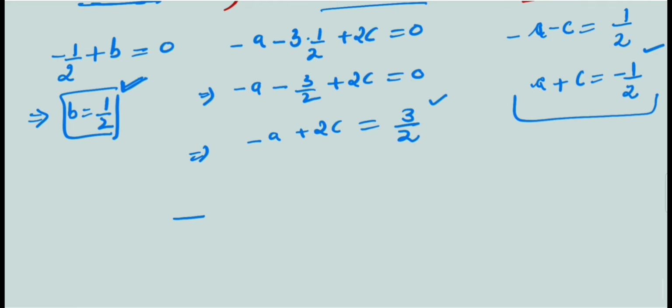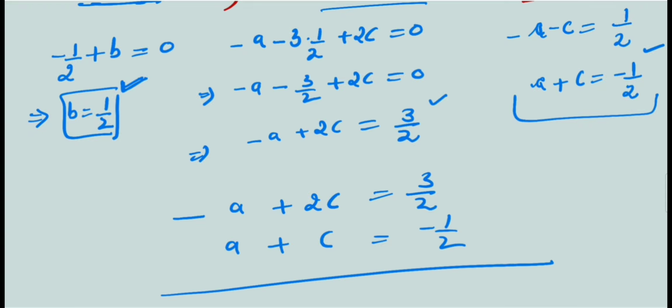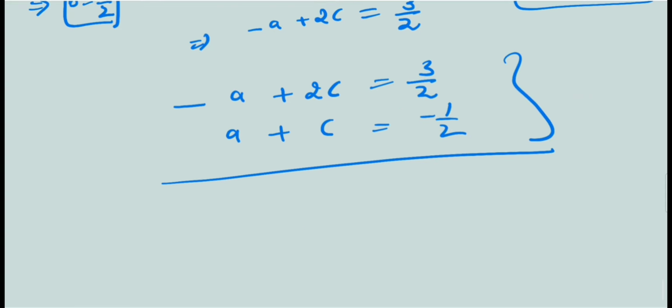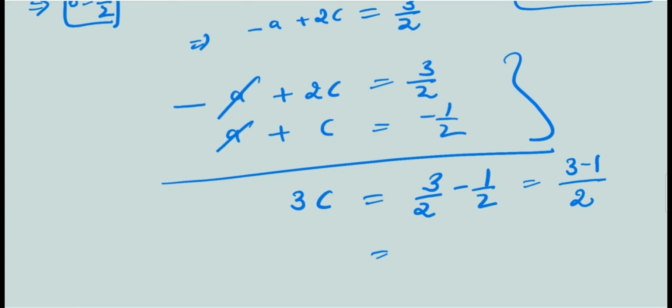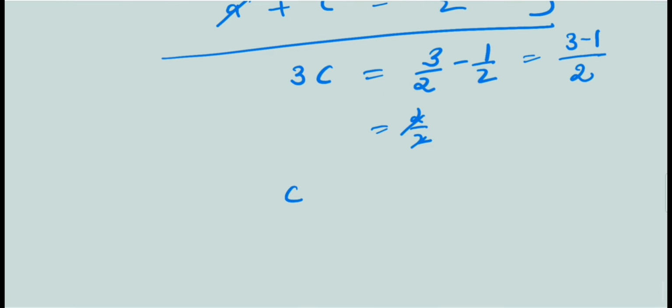Minus A plus 2C is equal to 3 by 2 and A plus C is equal to minus 1 by 2. Adding these two equations, A will get cancelled. So here we'll get 3C is equal to 3 by 2 minus 1 by 2, so 3 minus 1 divided by 2, which is equal to 2 divided by 2. So they will get cancelled, and we'll get C is equal to 1 by 3.